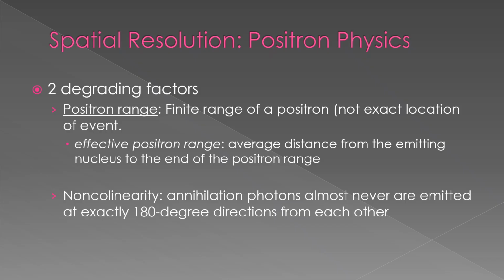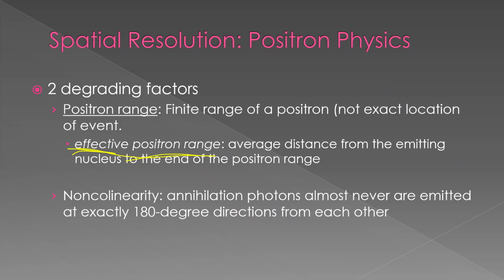And so it's never going to be exactly the same. And so we use the term effective positron range, which is kind of like the average distance that positrons will travel, knowing that some of them won't travel as far and some of them will travel further. But we go by that average, that effective positron range.